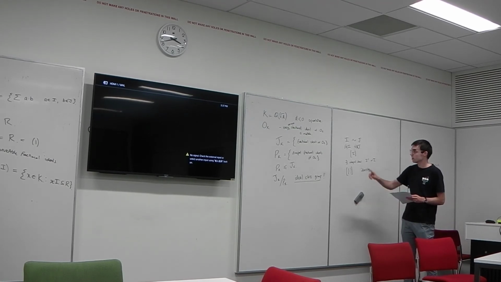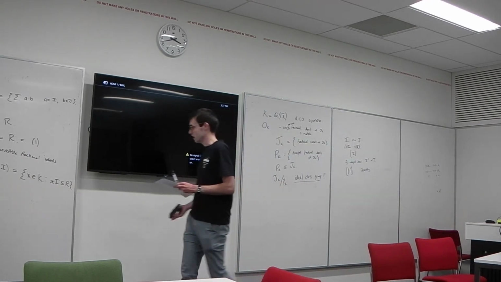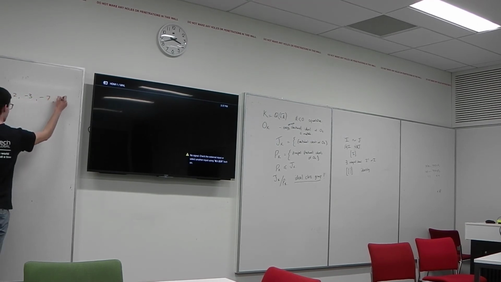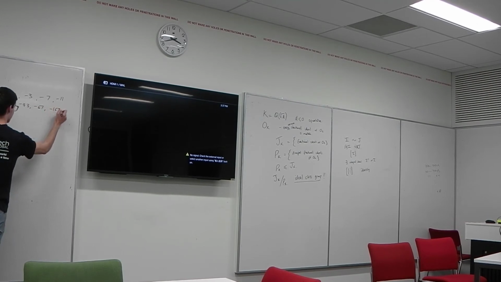So for imaginary quadratic number fields like K, the only cases where it's trivial is D equal to -1, -2, -3, -7, -11, -19, -43, -67, and -163.